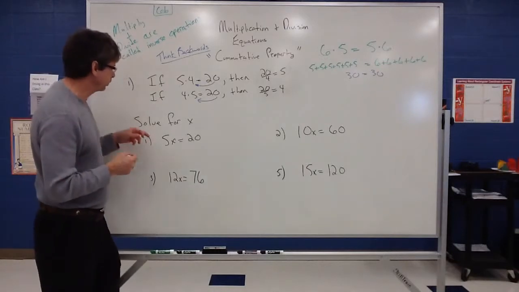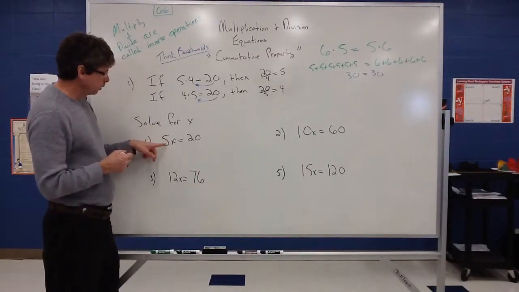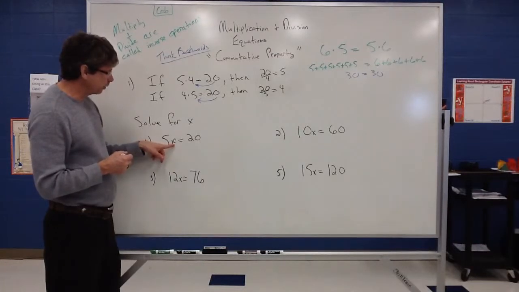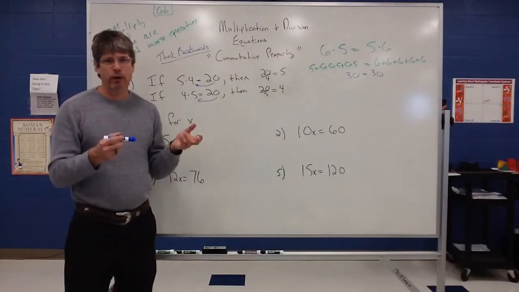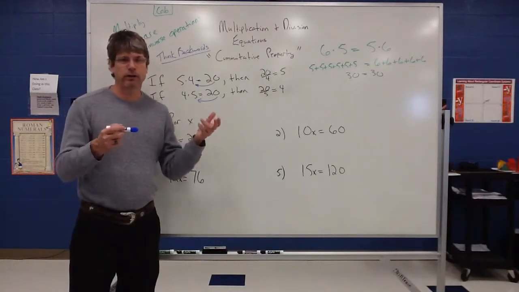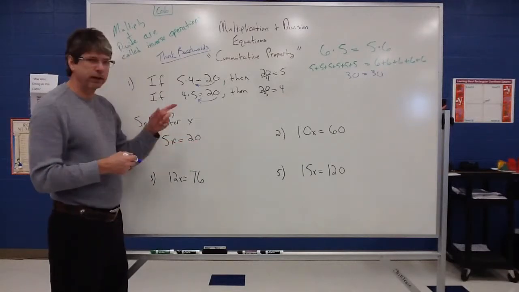Where I can use this is, for instance, to solve for x. In this problem, what we're asked is 5 times some number has to equal 20. Well, we may already know that 5 times 4 has to be 20, so we really don't need this thinking. But you could, if you wanted to, solve this problem by thinking backwards.